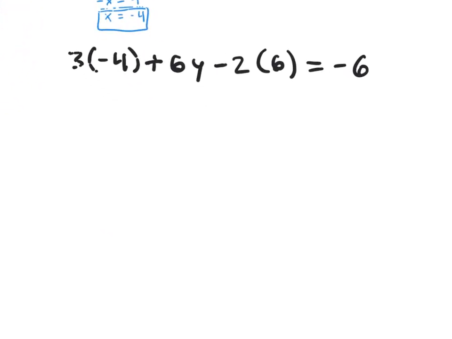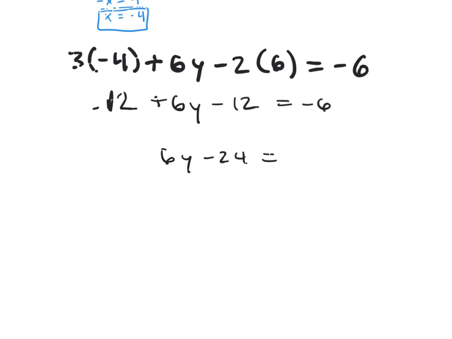So we're solving for y. What do we need to do? Multiply. So negative 12 plus 6y minus 12 is equal to negative 6. What do we do next? Combine. So negative 12 minus 12 would be negative 24.